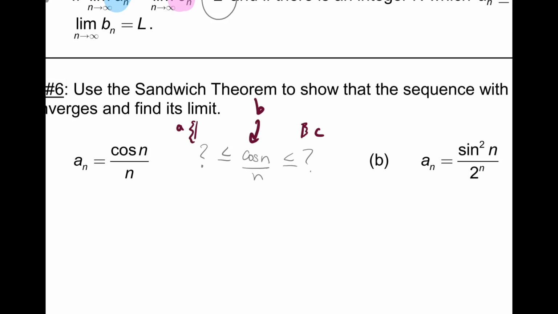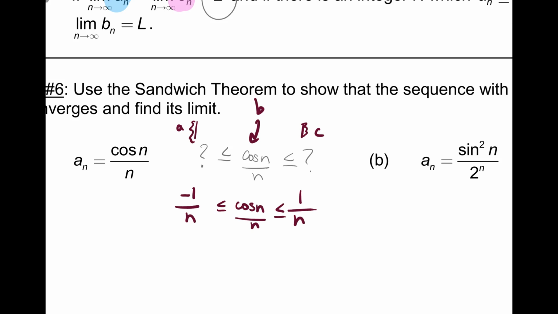All right, cosine of n has a minimum of -1 and a max of 1, so I can bound it between -1 over n and positive 1 over n, because all of my n's are the same.